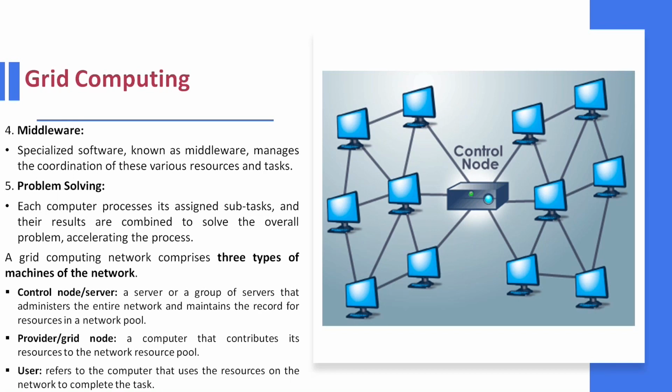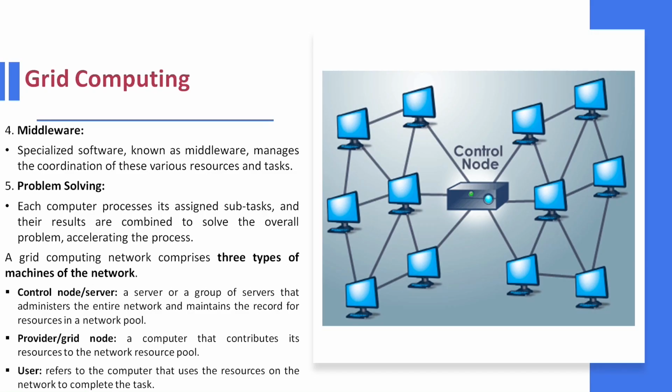One thing you should keep in mind: in grid computing, your complex task is divided into multiple small tasks, and the resources you are pooling can be managed properly. This is done by the control node and middleware, the software responsible for managing all this.